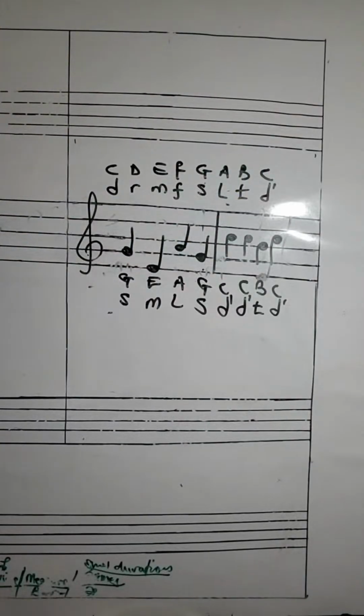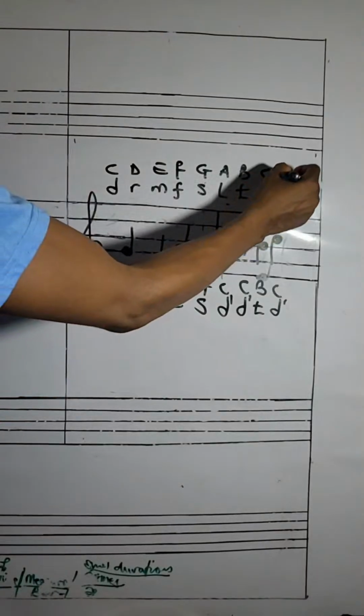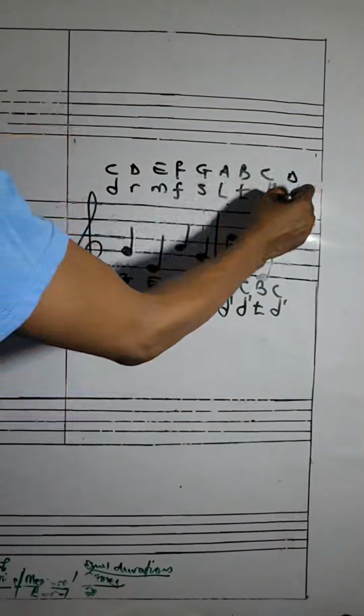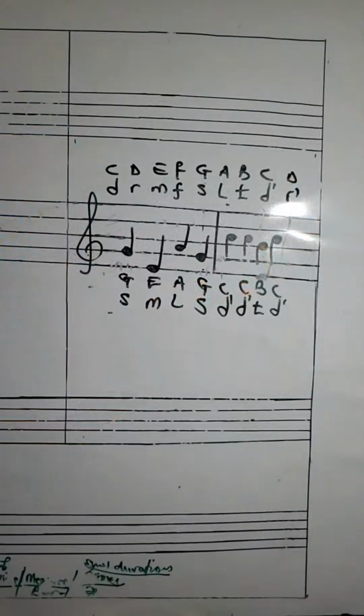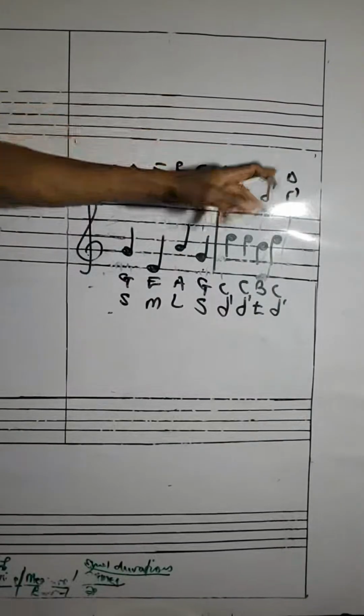So if there is another note, it can continue like this. I would also have my D here, which is going to be the high re. So when you have your high re, you've had everything already. When you have this, your C, D, E, F, G, A, B, C.